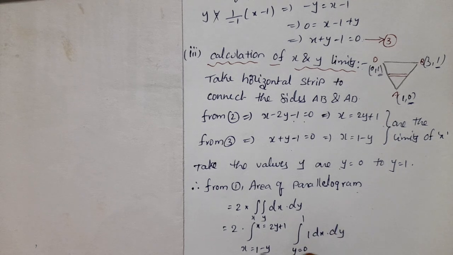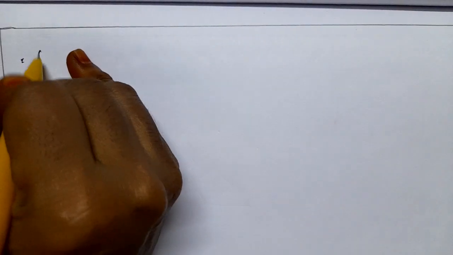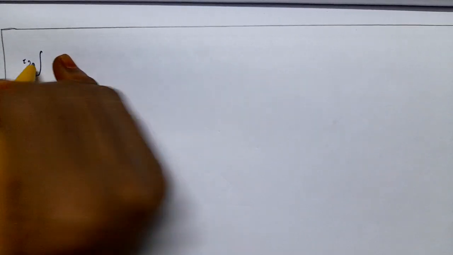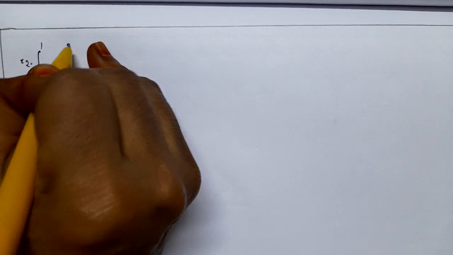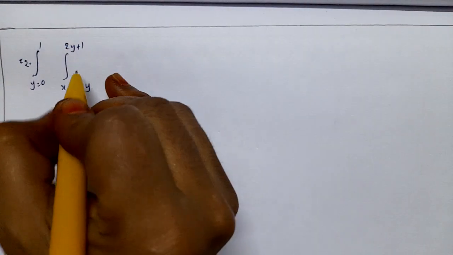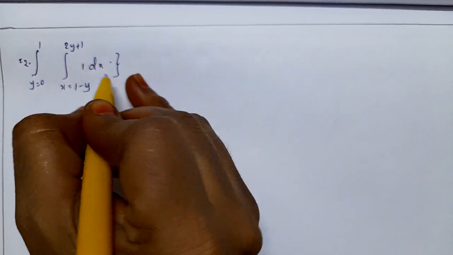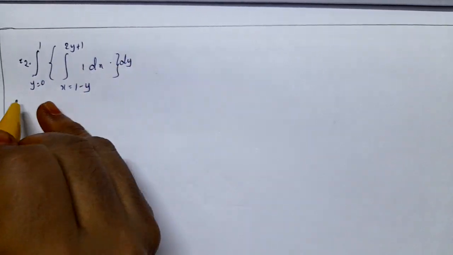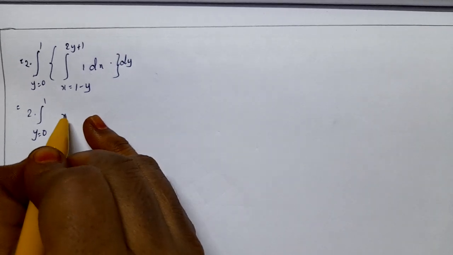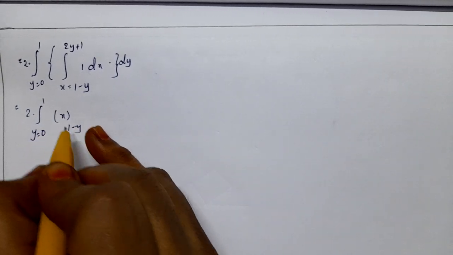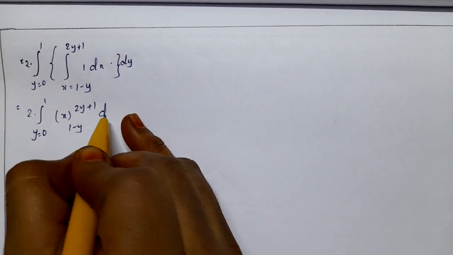First integrating with respect to x and then integrating with respect to y. This equals 2 into integral y equals 0 to 1, integral x equals 1 minus y to 2y plus 1, dx dy, which is 2 integral y equals 0 to 1 of x with limits 1 minus y to 2y plus 1, dy.